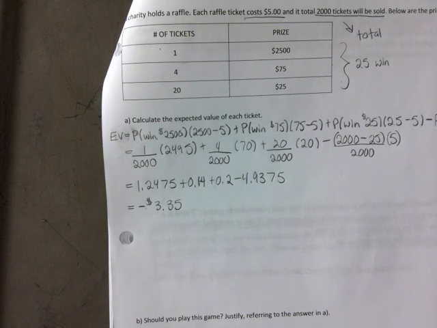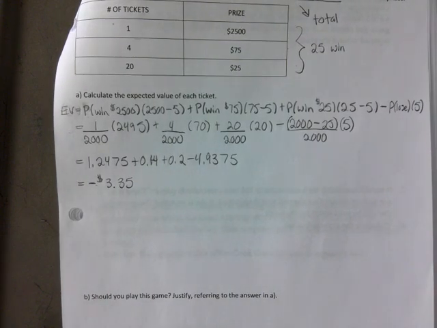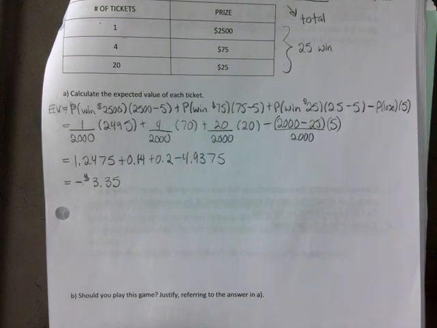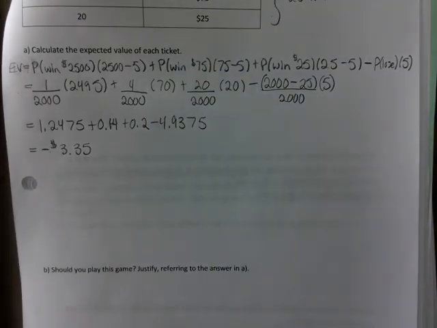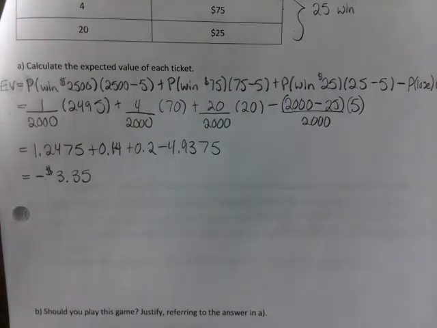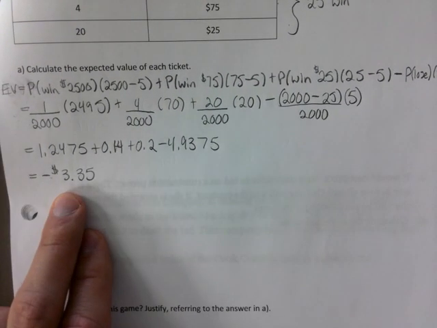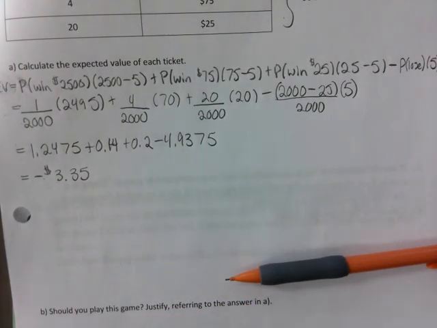Yeah. Right, and then I round my final answer to 2 decimal places because we're dealing with money, right? So we always just round to the nearest cent.